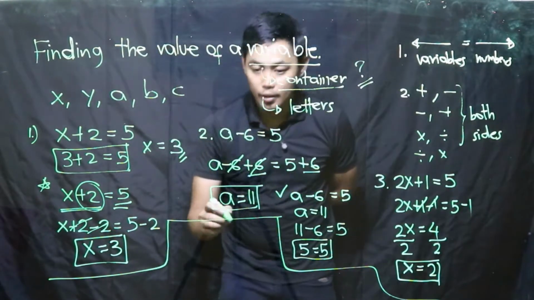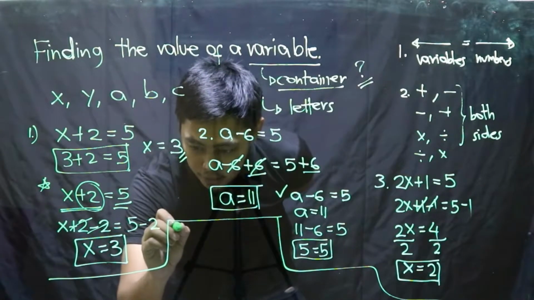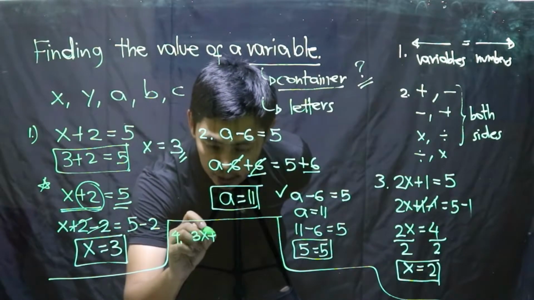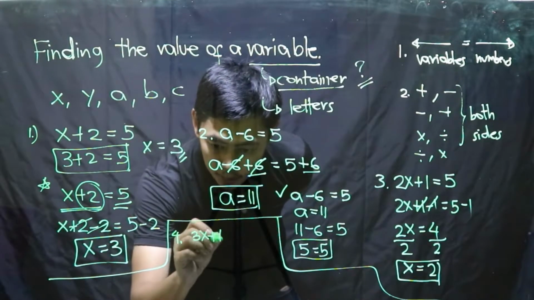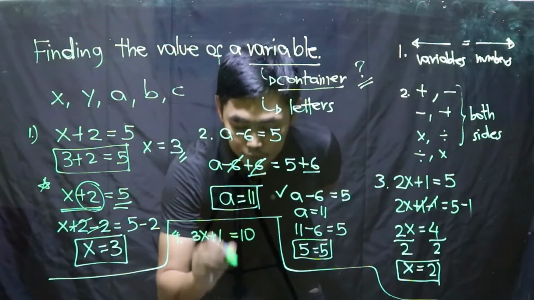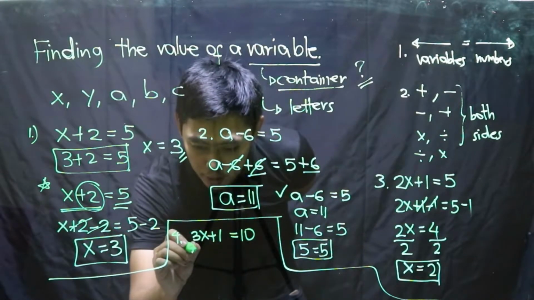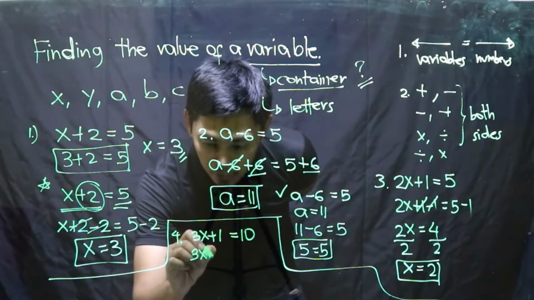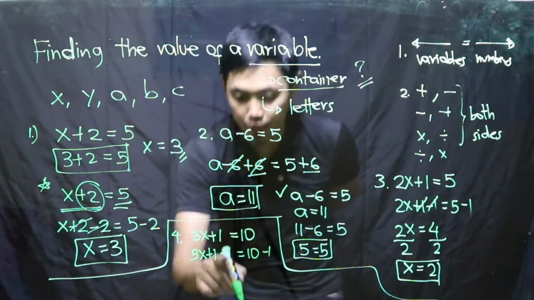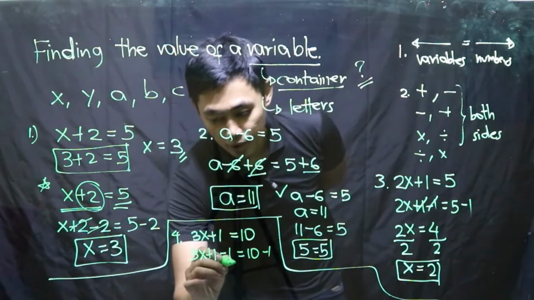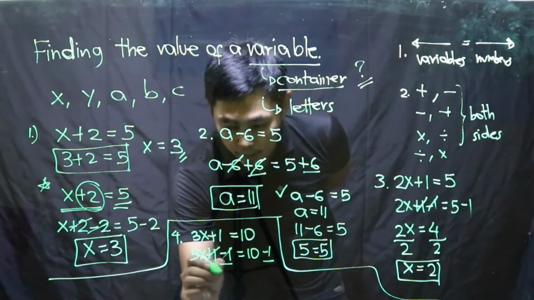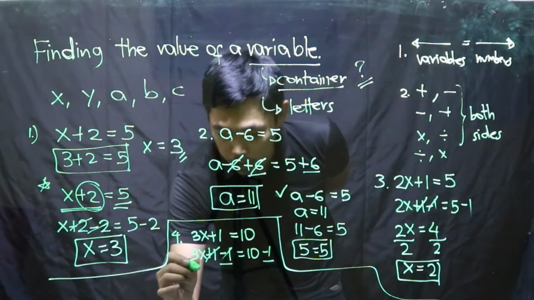So how about 3x, this is example number 4, 3x plus 1 is equal to 10. So 3x plus 1 minus 1 is equal to 10 minus 1. We subtract 1 from both sides so that 1 will be removed here. So 1 minus 1, 0.